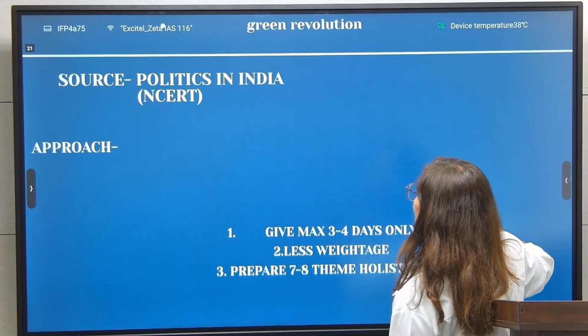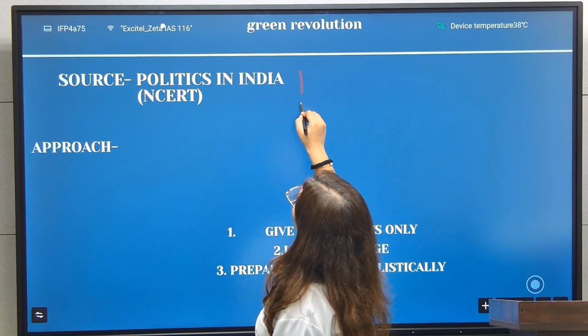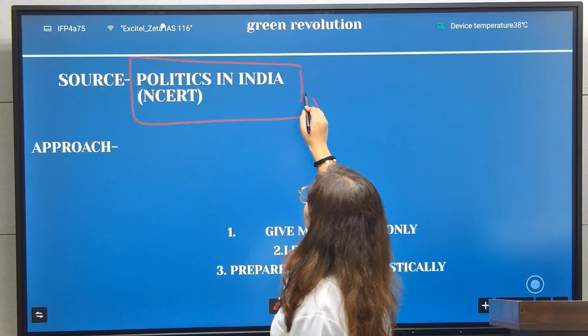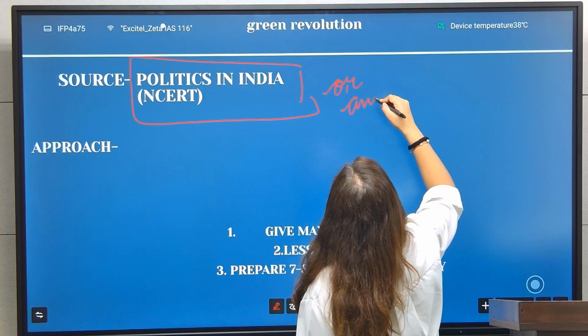So sources for post-independence: Politics in India, NCERT, or any compilation.